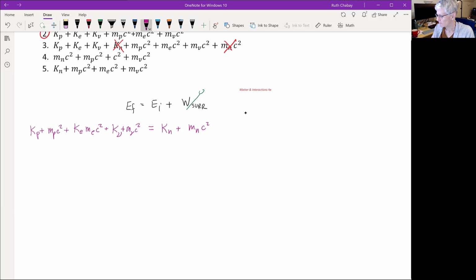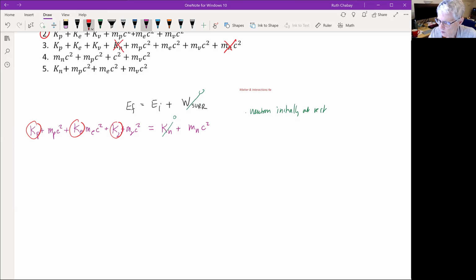Let's say the neutron is initially at rest, so its kinetic energy was 0. And what are we solving for? The unknown is the sum of these kinetic energies.